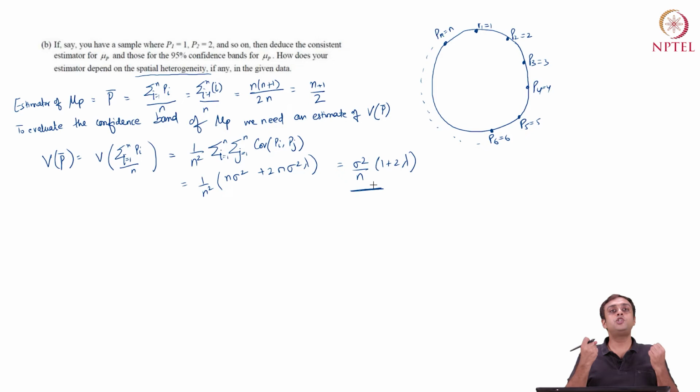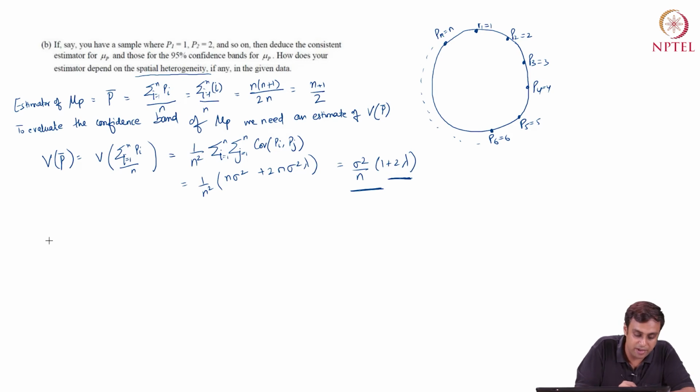So by virtue of this spatial dependence structure and the degree of spatial dependence exhibited by the parameter lambda, there is a bias induced in the variance if we were to ignore the spatial dependence in these data. So if I have my variance of p bar, I can evaluate my standard deviation of p bar, which is sigma over root n times the square root of 1 plus 2 lambda.